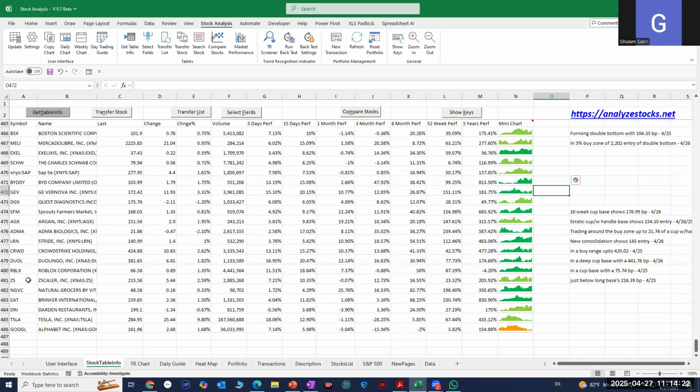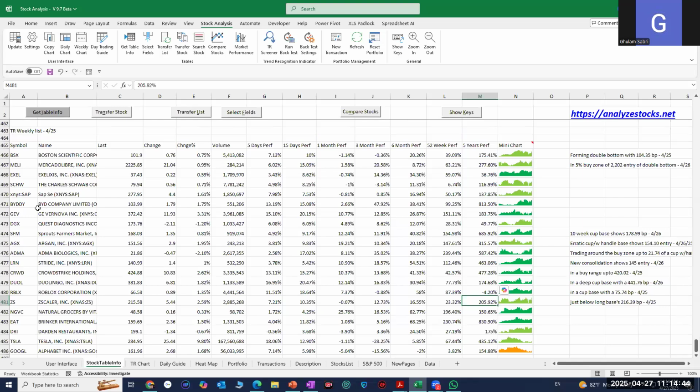And ZS is right here among them, and as we can see, its 5-year return was 205%. Similarly, there are other stocks like BY, DDY, GEV, Charles Schwab, Boston Scientific, Tesla itself. I wanted to actually evaluate Tesla as well, and DRI, Darden Restaurants. There are so many others as well.